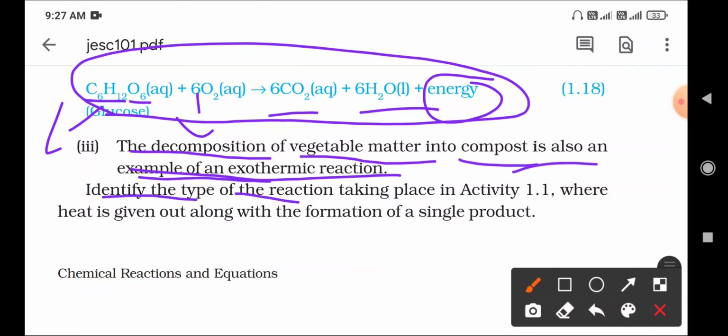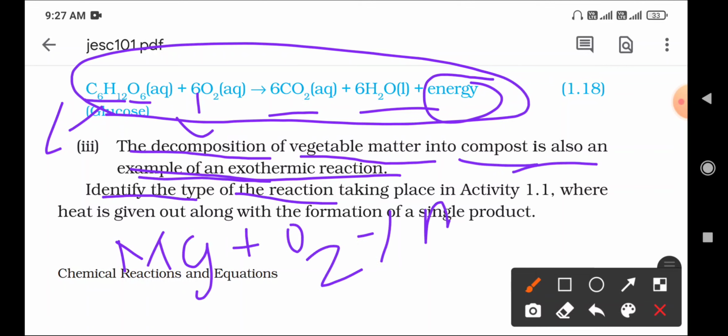Identify the type of reaction taking place in activity 1.1, where heat is given out along with the formation of a single product. What is activity 1.1? The magnesium ribbon reacts with oxygen and gives magnesium oxide, with a white dazzling flame, in the form of white powder.